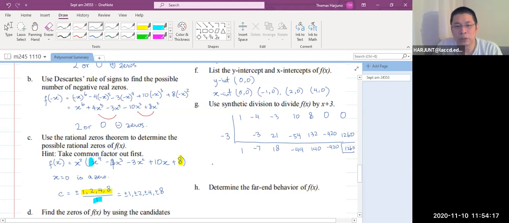So the quotient, f(x) divided by x plus 3, is x to the 5th minus 7x to the 4th plus 18x cubed minus 44x squared plus 140x minus 420 plus 1260 over x plus 3.